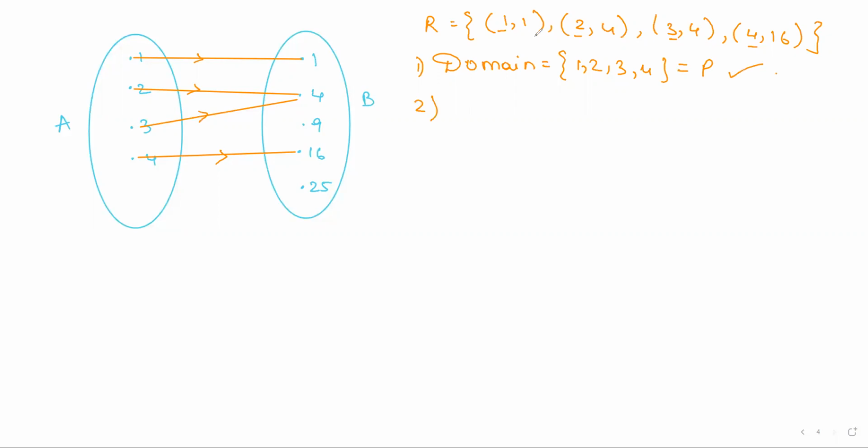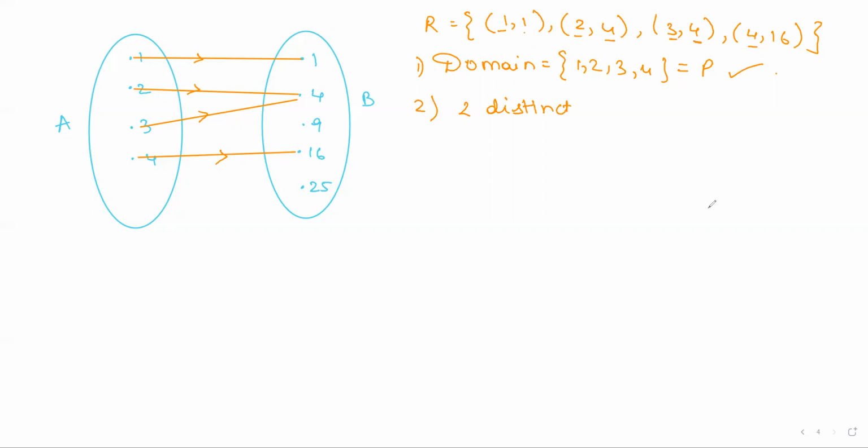Second condition, observe (2, 4) and (3, 4). These are two ordered pairs with the same image, but this is not the condition. Our condition says two distinct ordered pairs should not have the same pre-image, the same first element. So do you have the same first element in any of these?